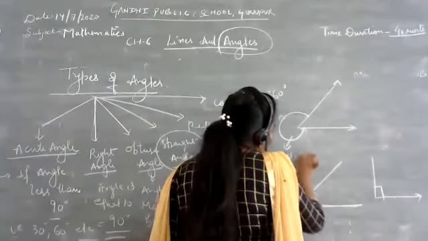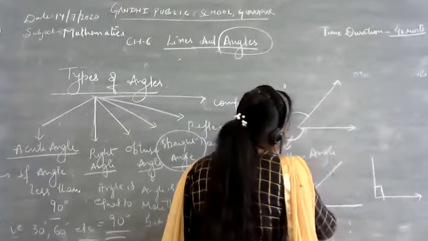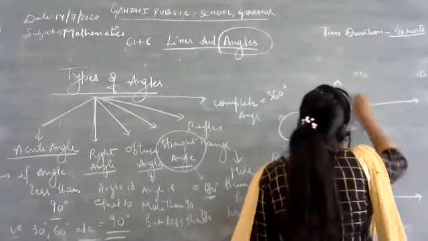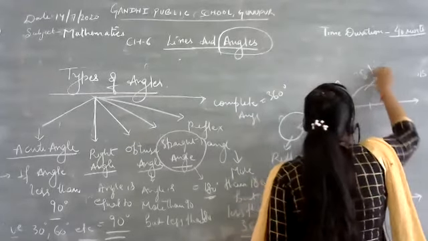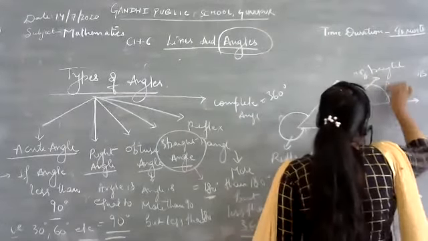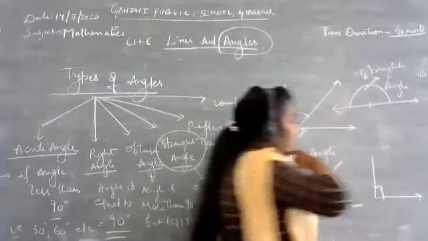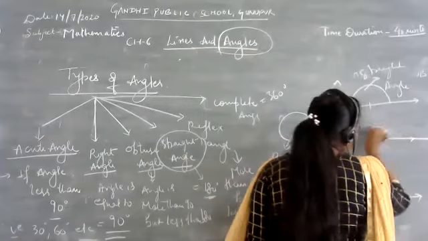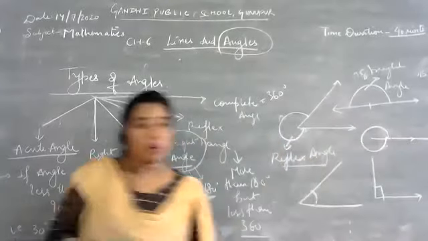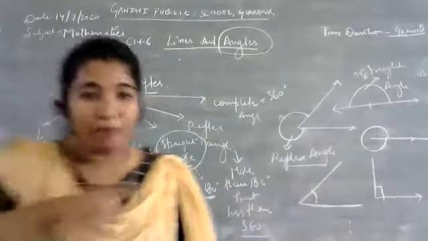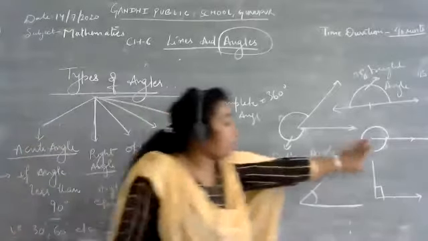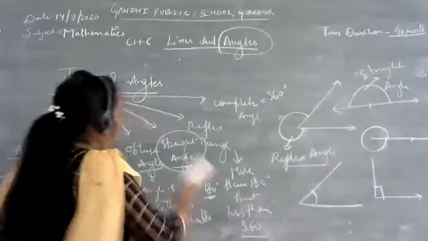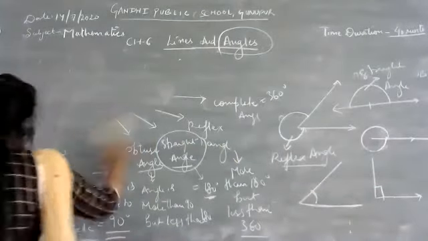If the diagram shows like this, I can say it is a straight angle. If it shows like this, the both rays coincide or overlap with one another, so this represents a complete angle.